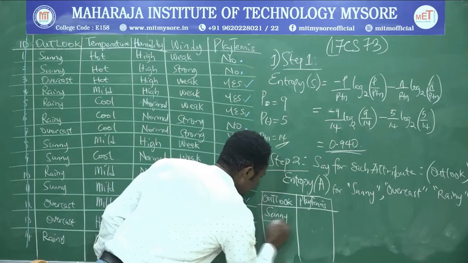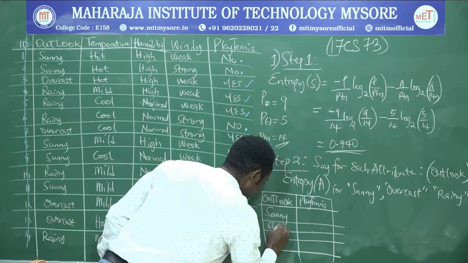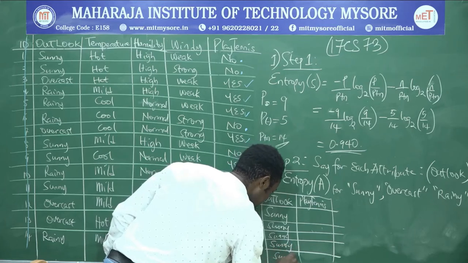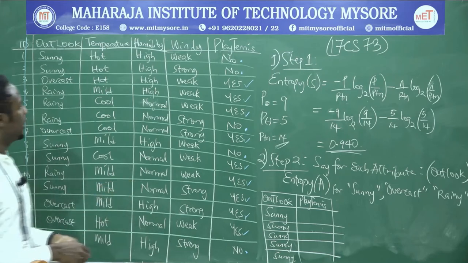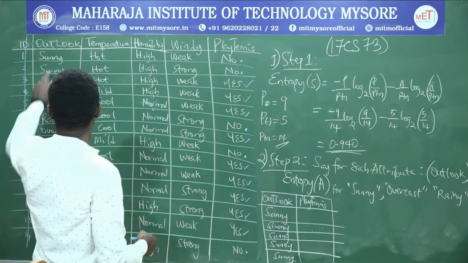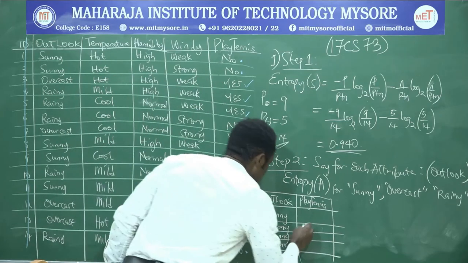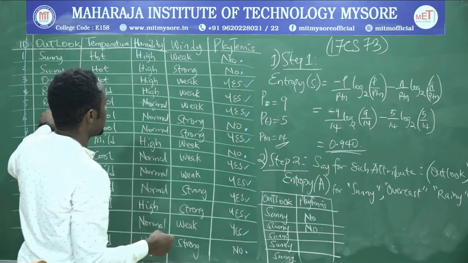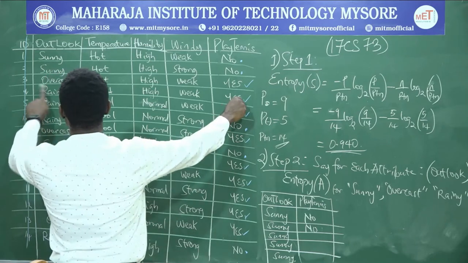Sunny, Sunny, Sunny, Sunny, and Sunny. Now let's check their equivalents. For Play Tennis, the first Sunny was no. The second Sunny, again, no. Third one, what do you have for Sunny? Please go with me. Sunny, yes. No, sorry, that was rainy.